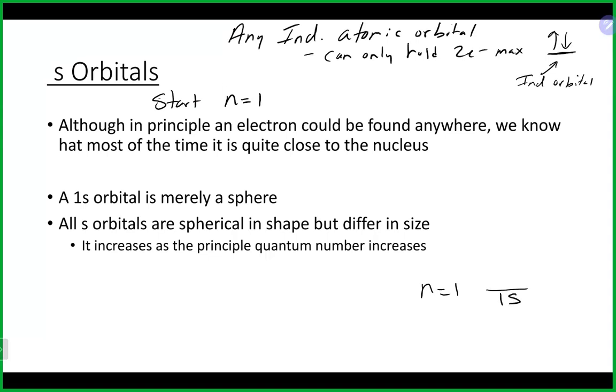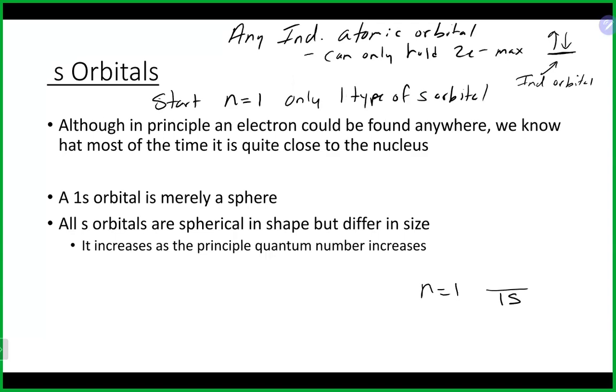The s represents that it's an s orbital. The 1 represents that it's on the first energy level. So when you see that 1 in front of the s, it means you're on the first energy level and it's an s orbital. There is only one type of s orbital. So no matter what energy level you are on, there is only one type of s orbital.